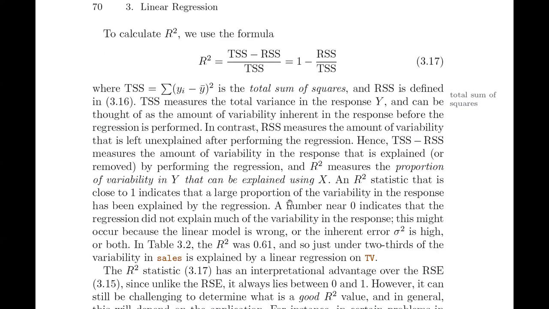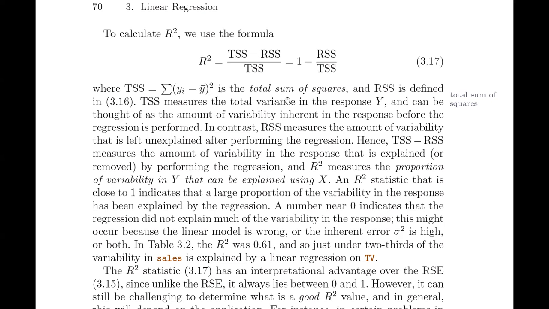So to calculate R squared, we have this formula, where TSS is the difference between each observation's output and the mean of the full set of outputs, squared.